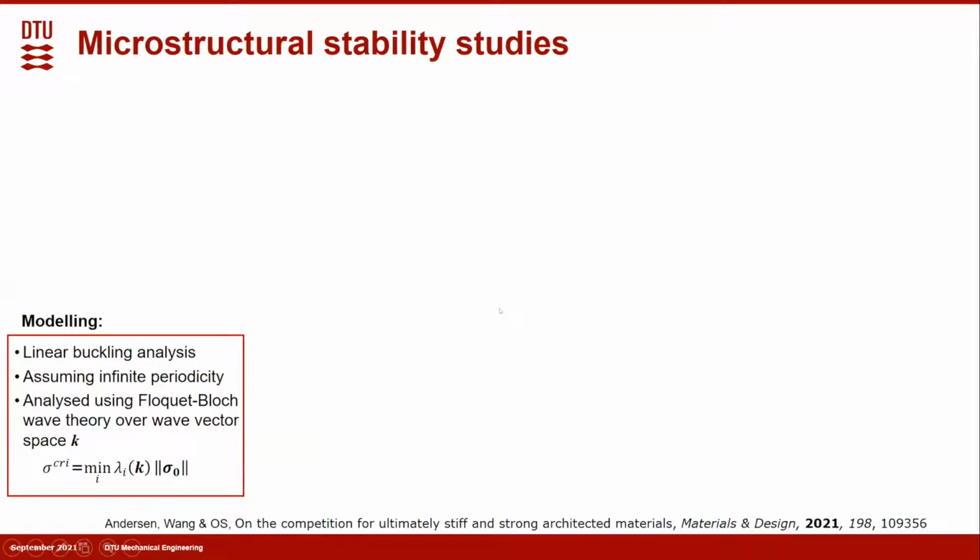So I have discussed the stiffness optimality for different microstructures, and how about the microstructure performance in terms of buckling strength. We evaluate the material buckling strength via microstructure stability studies, using linear buckling analysis, assuming infinite periodicity, and microstructures are analyzed using Bloch-Floquet wave series.